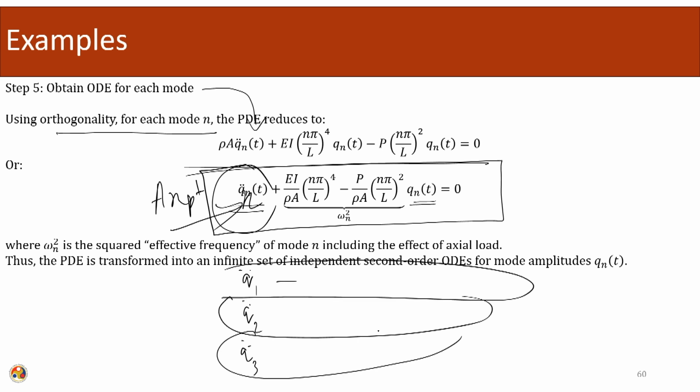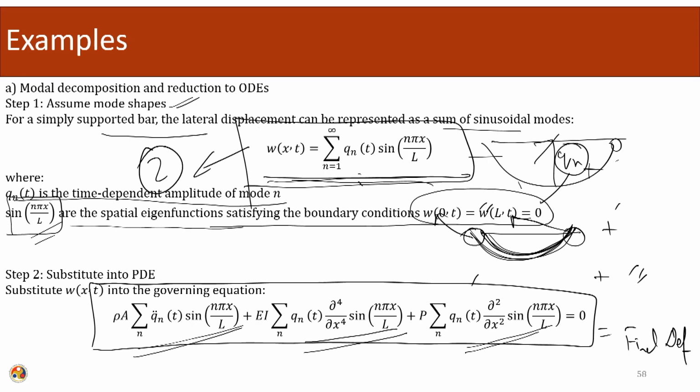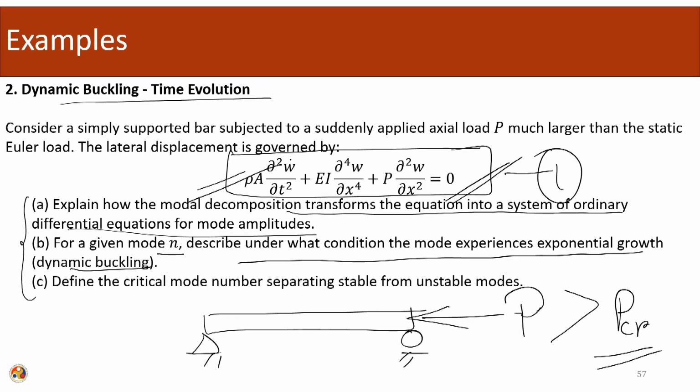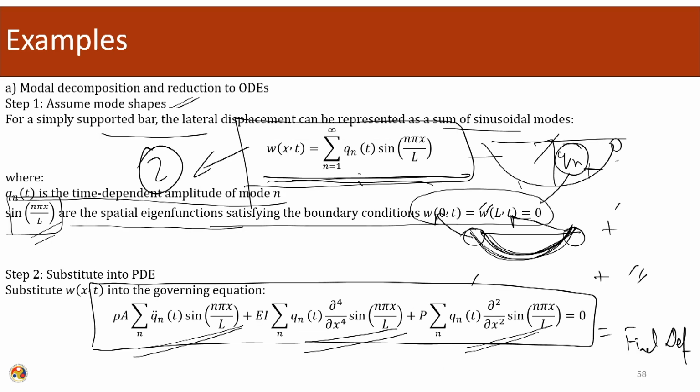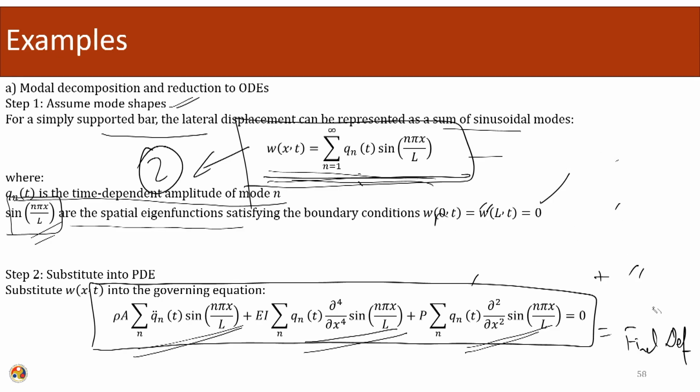So, what we did was we started with our equation, the partial differential equations. From the partial differential equations, we approximated the deflection functions as a combination of the shape function and the amplitude of the shape functions for a given mode. The shape functions we are approximating using a sine function, and the amplitude of the time dependent part is given by Qn.